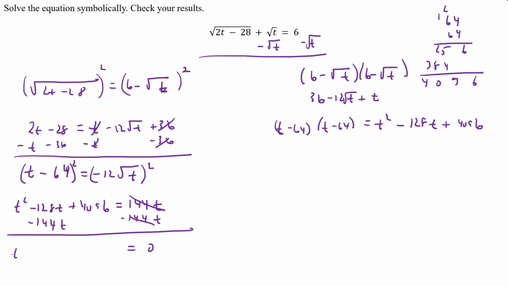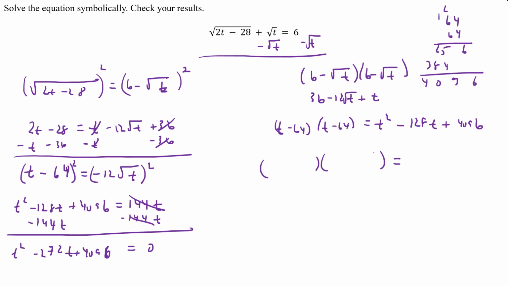And so we have t squared minus 272t plus 4096. Okay. All right, so now we need to factor that.